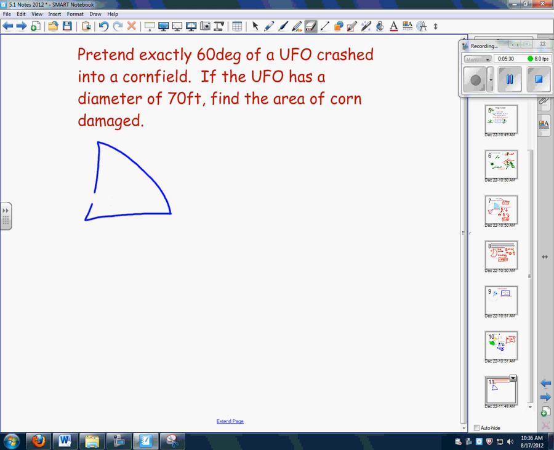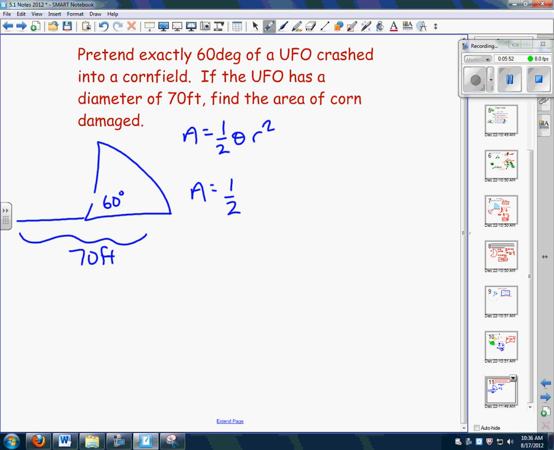So we're trying to find the area that's impacted from this. 1/2 theta times r squared. We know the diameter of this UFO is 70 feet. So let's make sure we plug in 35 here for the radius.